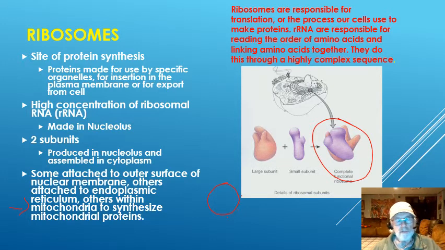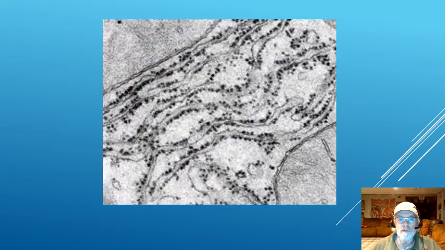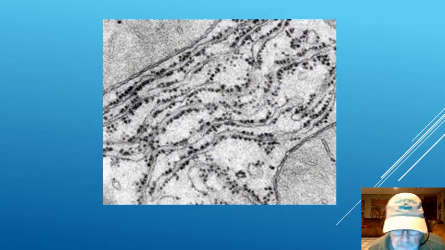Cells need energy to be able to run, and to do this, there are various proteins that are involved in producing that energy. So therefore we have some ribosomes that are also in the mitochondria. We'll talk a little about that later on when we get to the mitochondria.